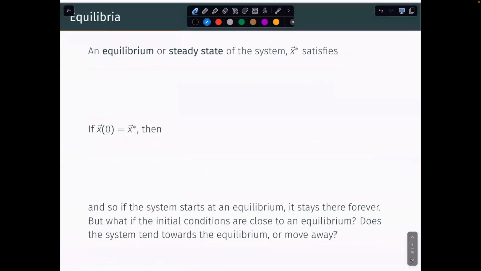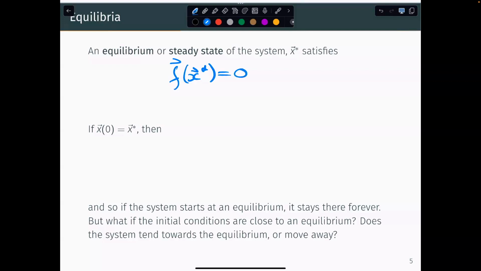So first of all, let's talk about equilibria. In general, we say that an equilibrium, a steady state of our system, we'll call this X star. And we're still using vector notation here. So here, all it means is that F, when evaluated at X star, is just equal to 0.